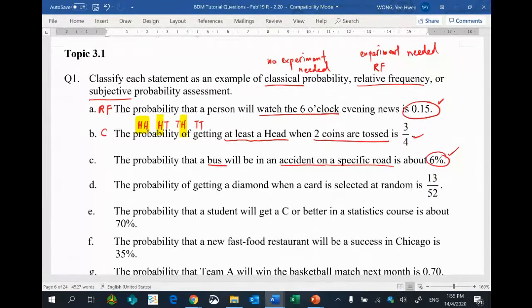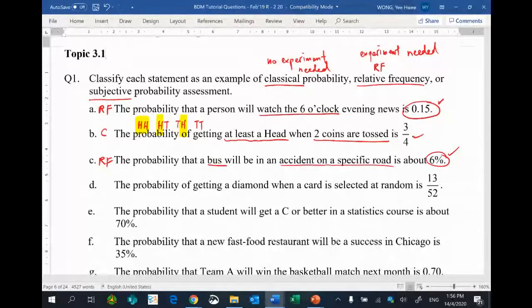So you get 6%, right? If you need data to tell you so, you need to collect data, that will be relative frequency.